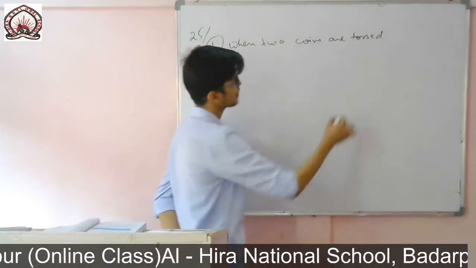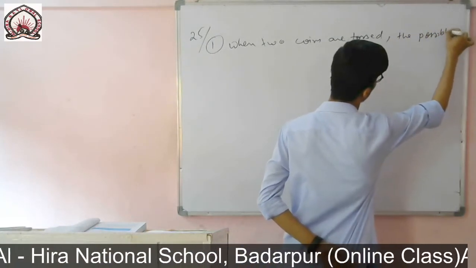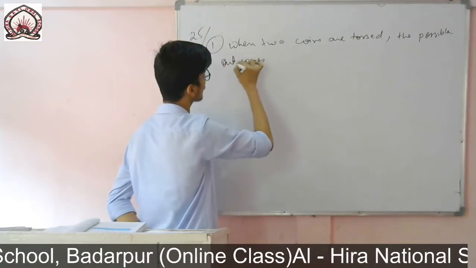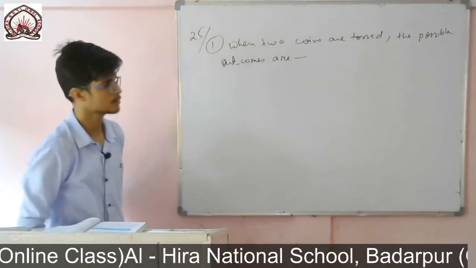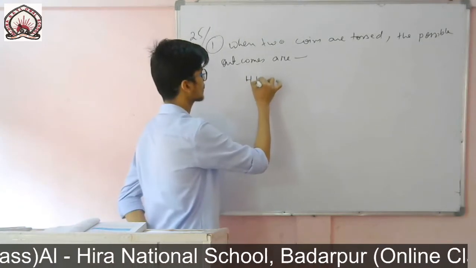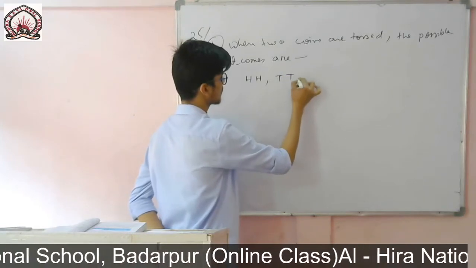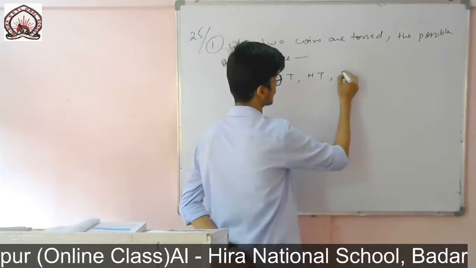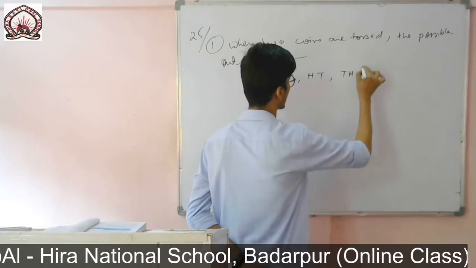When two coins are tossed, the possible outcomes are: I may get both heads, I may get both tails, I may get head on the first coin and tail on the second coin. Then again on the first coin I may get tail, and on the second coin head.